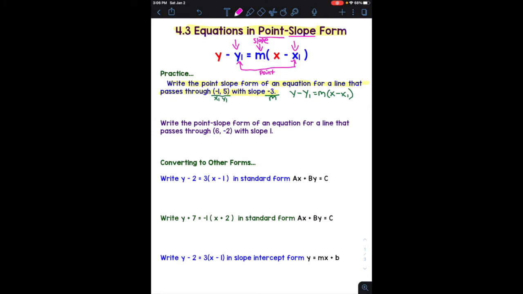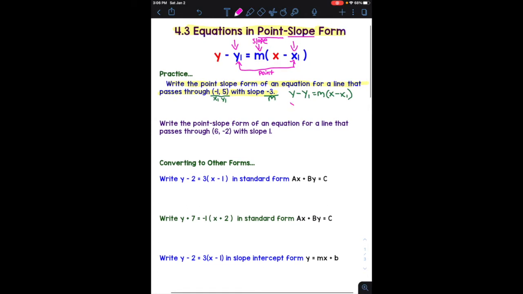And now let's fill in our information. Remember that y minus y1 is 5, and that's the y value of the ordered pair or the point that they give us. m is -3, m stands for slope. The x minus the x1, or the x value of the ordered pair they give us, is -1.